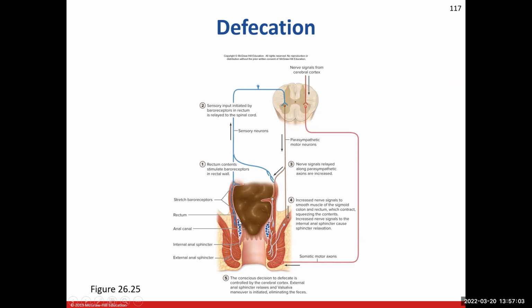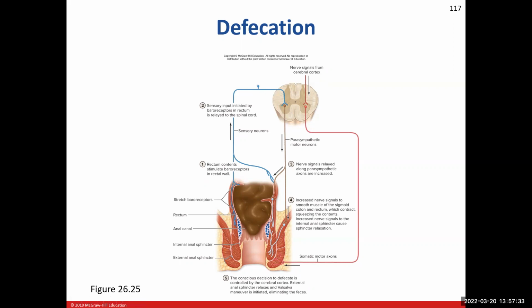The baroreceptors are going to monitor the stretch on the walls of the rectum. So as more material starts to fill up, that's going to increase the stretch. It's going to increase the nerve signals. So the nerve signals go from the rectum to the sacral portion of your spinal cord. And so the sensory neurons are going to synapse onto parasympathetic motor neurons.